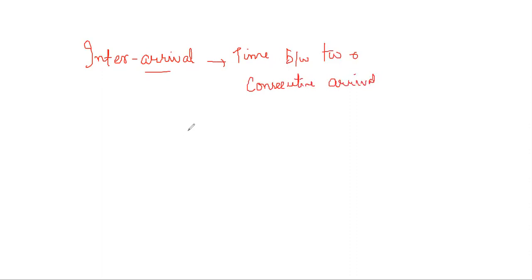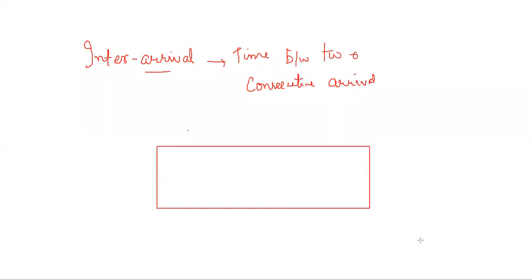You can see that there is a system where services are being provided. Suppose this is any system. Here we have a server, and there are people waiting in the queue. Suppose there is a person observing this system, an observer who is outside the system.